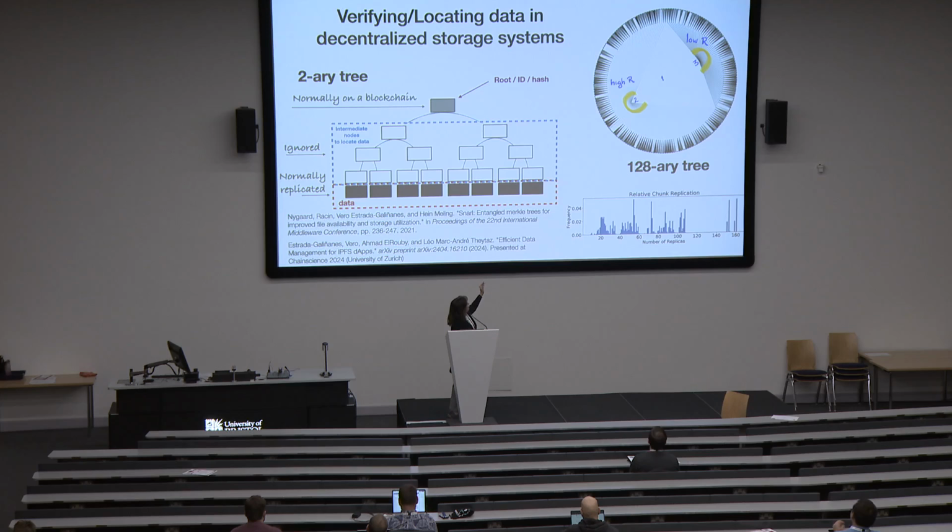In the center we have the root, and we see that some chunks get more replicated, the ones with darker edges are replicated more, I think. And this is a much easier way to read it, perhaps, the relative chain replication. So basically, the number of replicas per block varies a lot. That means that if some of the intermediate nodes are lost, everything is gone.